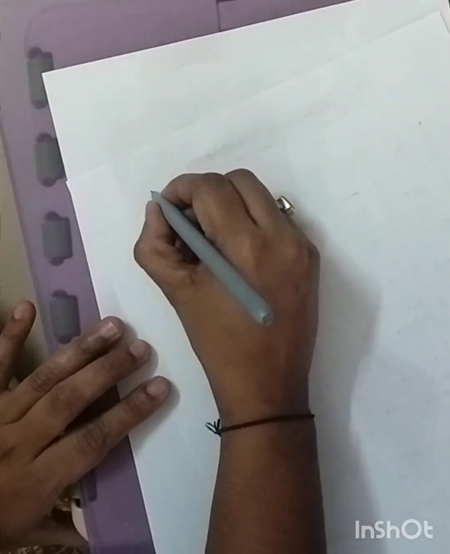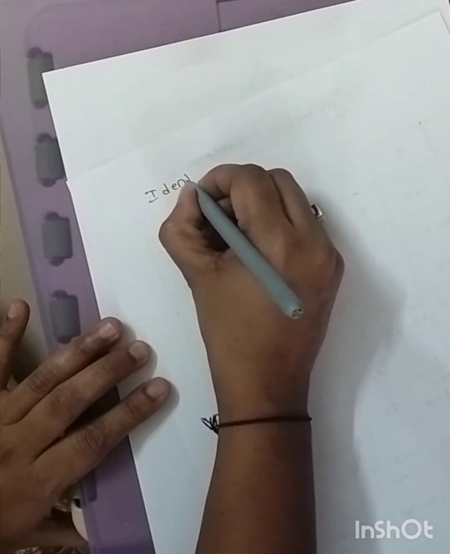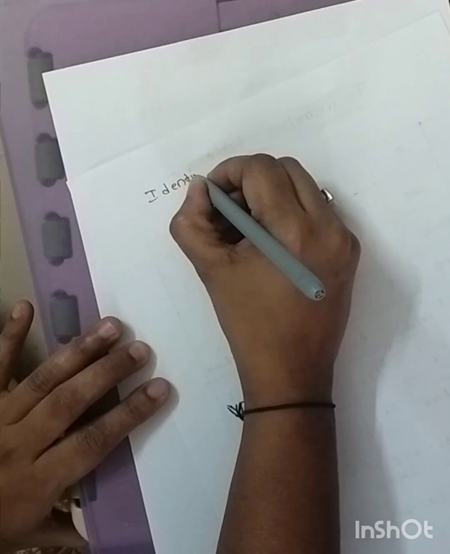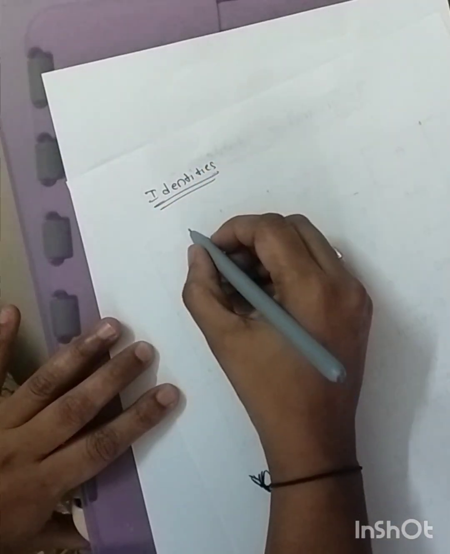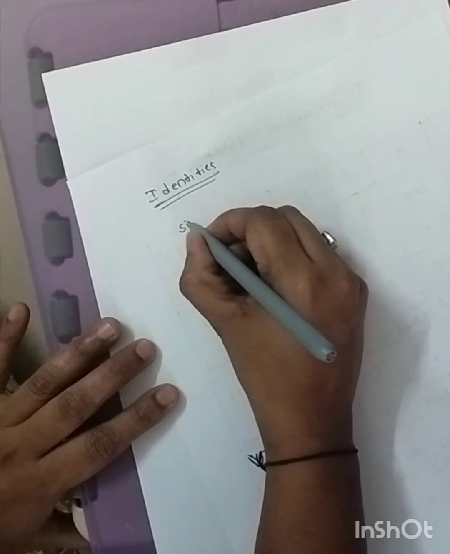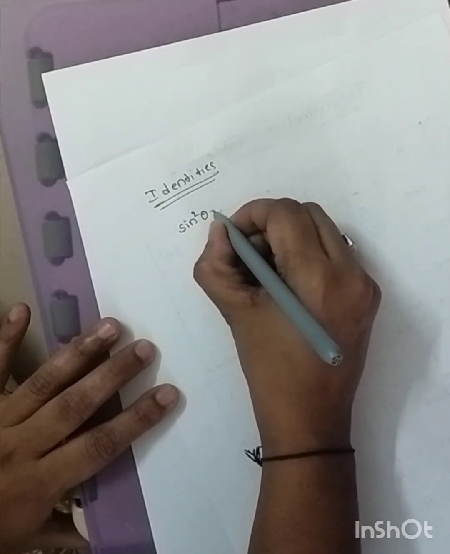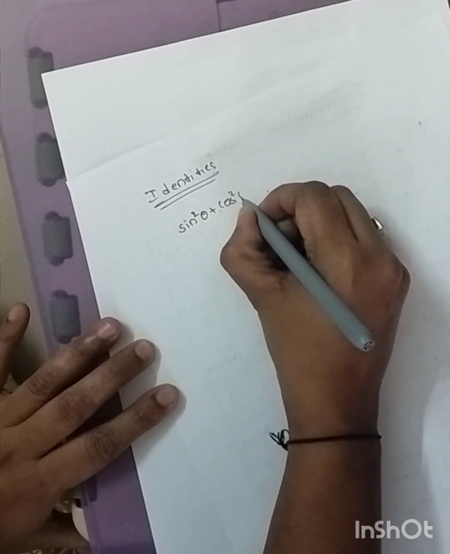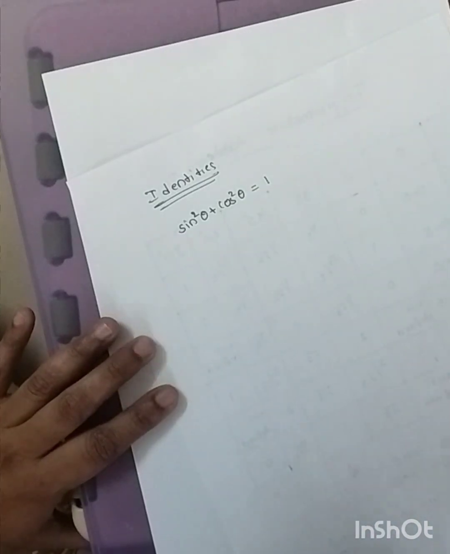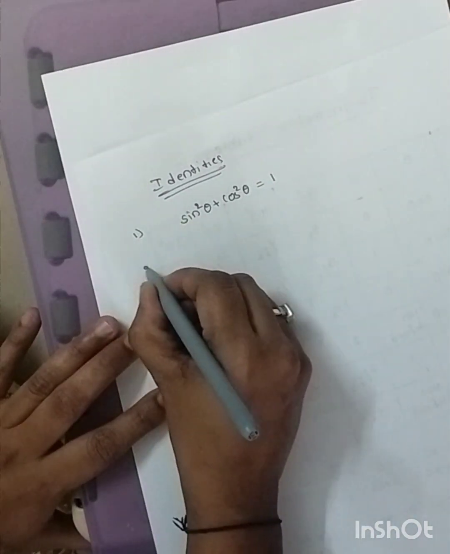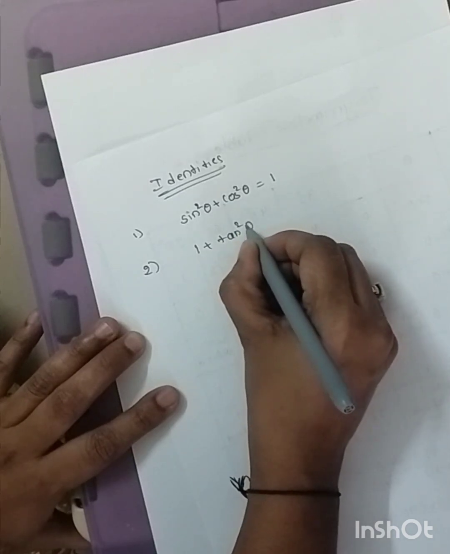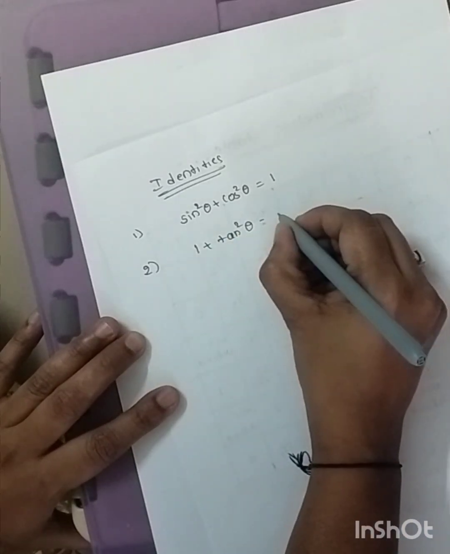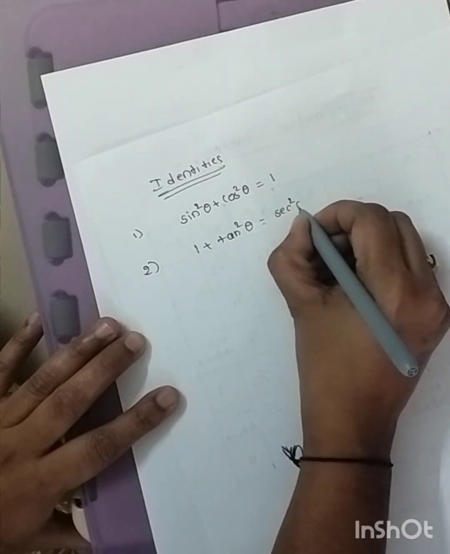Other than that, what we have to study is the identities. There are some identities in trigonometry. That is, sin square theta plus cos square theta is 1. That is one identity. The second identity is 1 plus tan square theta is equal to sec square theta.